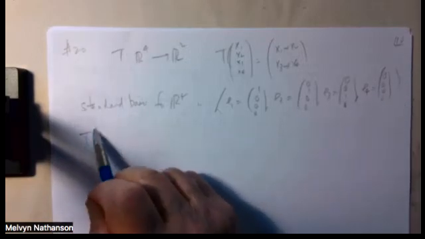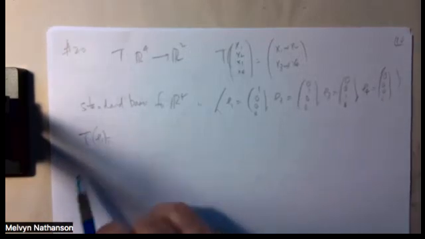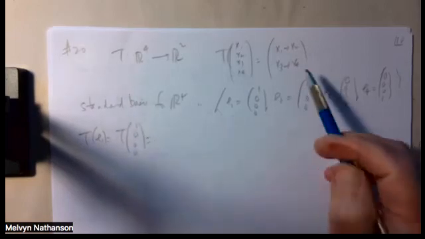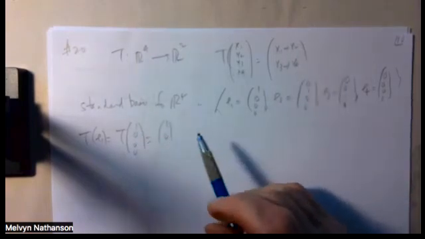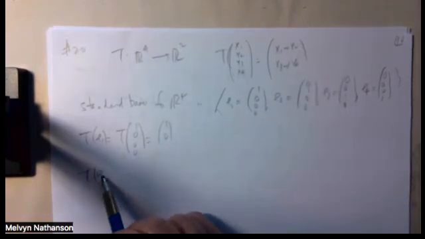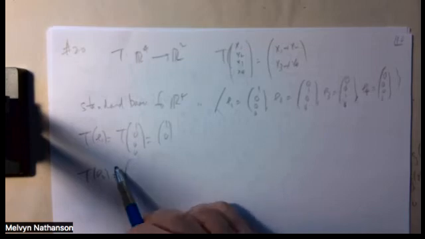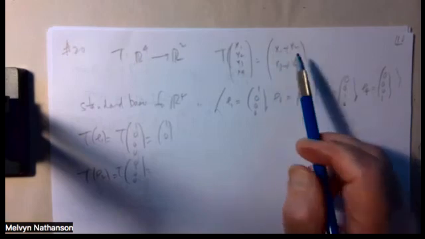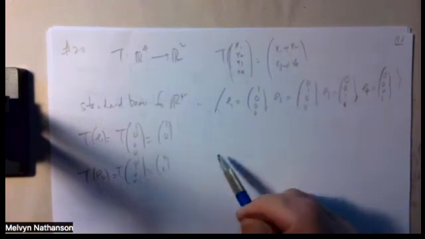And what is T of E1? It's T of 1, 0, 0, 0. X1 is 1, the other coordinate is 0. This is 1, 0. T of E2, or T of 0, 1, 0, 0. X2 is 1, the other coordinate is 0. This is also 1, 0.